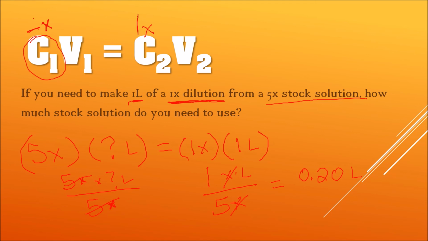So how much stock solution do you need to use? 0.20 liters, which is the same thing as 200 milliliters. You could have changed the liters into milliliters, taking 1 liter to 1,000 milliliters, and you would have come out with 200 milliliters. Just make sure that if there's liters on one side, there has to be liters on the other side. If there's milliliters on one side, there has to be milliliters on the other side, and so on.